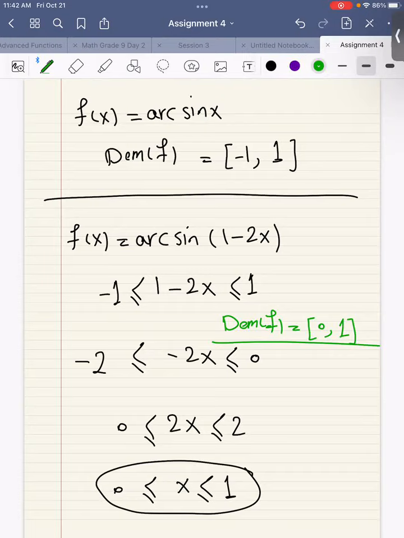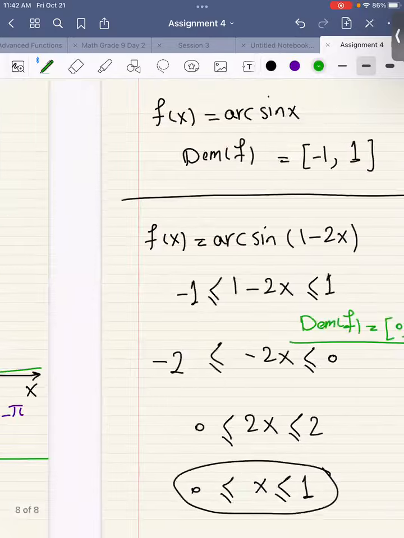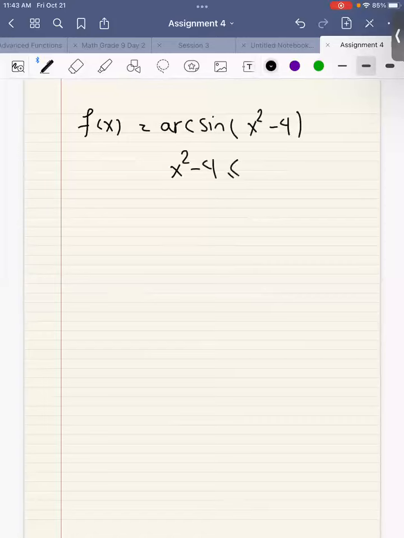And that's it. So you can do anything they gave you. If I tell you f of x is arcsine, I don't know, for example, x squared minus 4. Again, you just have to look at arcsine. The domain of arcsine is -1 and 1.